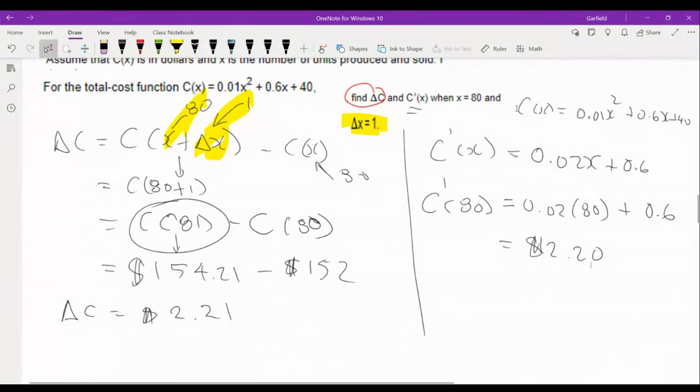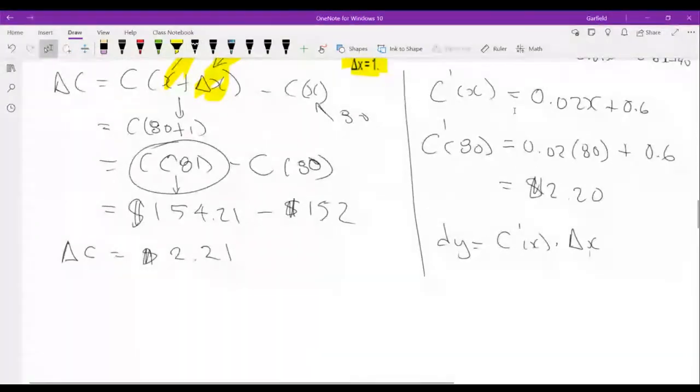Are these close enough? If we go back to the dy, we know that dy is equal to C prime of x times delta x. Do we agree with that? Back to our original formula, it's a derivative times delta x. So this would be $2.20 times delta x, which is 1, which is $2.20.